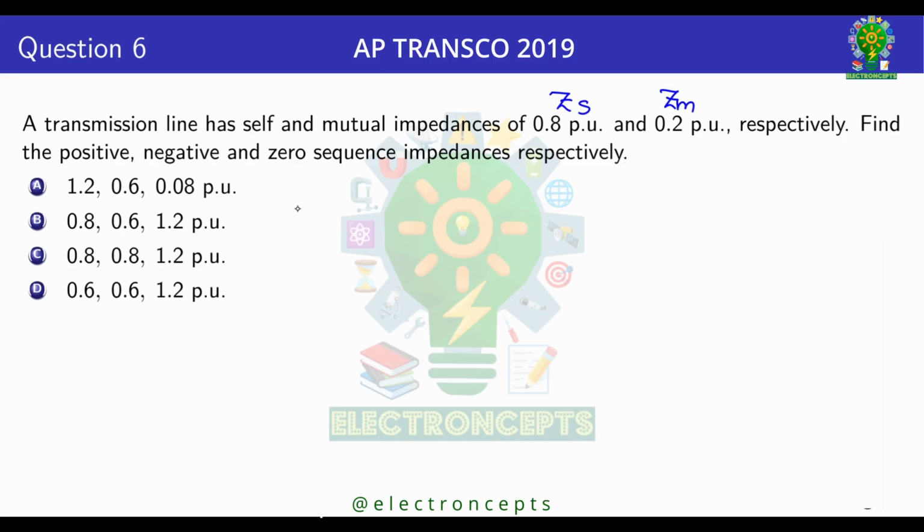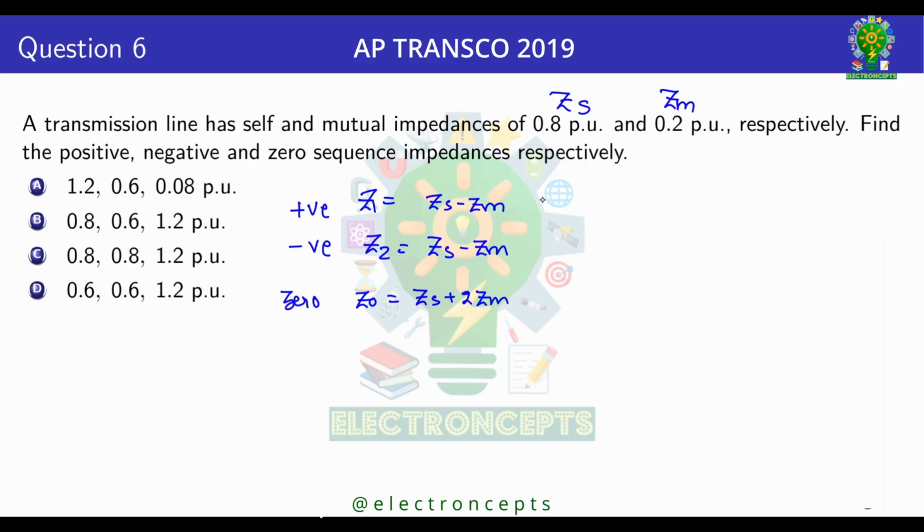For symmetrical three-phase fully transposed transmission line, positive sequence impedance Z1 is equal to Zs minus Zm and negative sequence impedance Z2 is equal to Zs minus Zm. Since this is a fully transposed and symmetrical and balanced transmission line, Z1 is equal to Z2 and the zero sequence impedance Z0 is equal to Zs plus 2Zm.